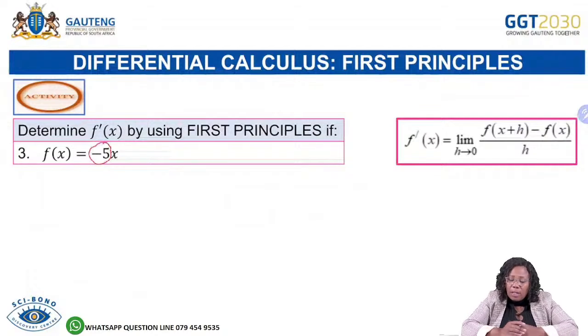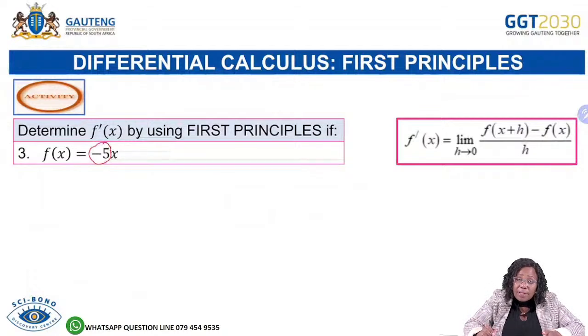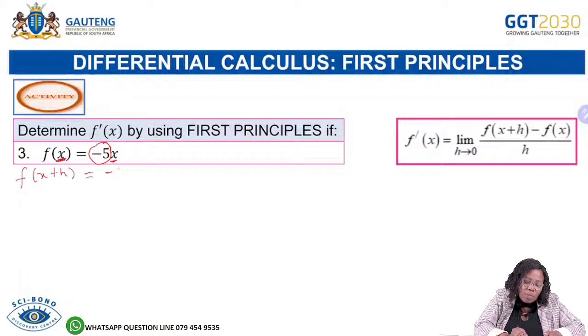Let's see. According to the first principle formula, we need f at x plus h. So where we have an x, we are going to substitute that with x plus h. Let's do so, grade 12. We are having f at x plus h equals to minus 5, for x we substitute x plus h. And then if we simplify this, minus 5 times x is minus 5x, minus 5 times h, minus 5h.